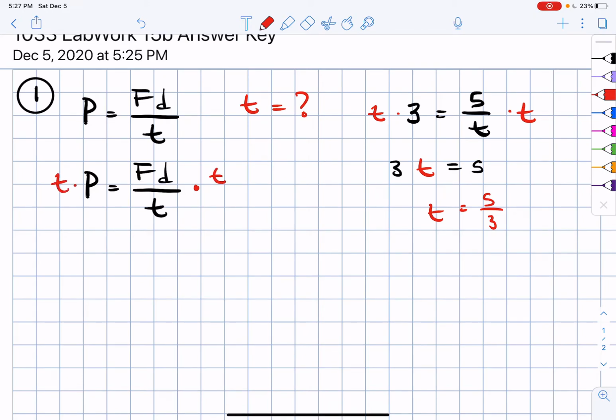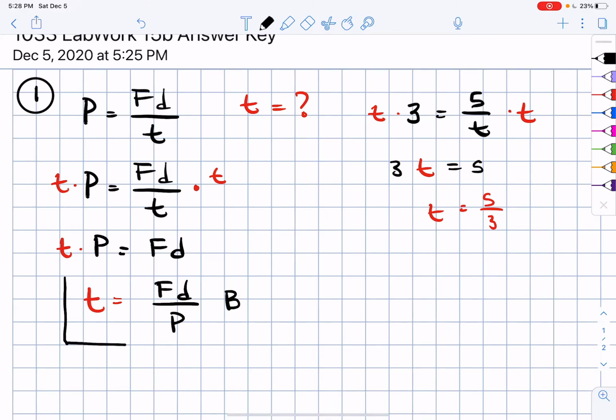So I have t times p is equal to f times d. Then I would divide by p, so t is equal to fd divided by p, which is choice B. There we go, and there's my answer right there.